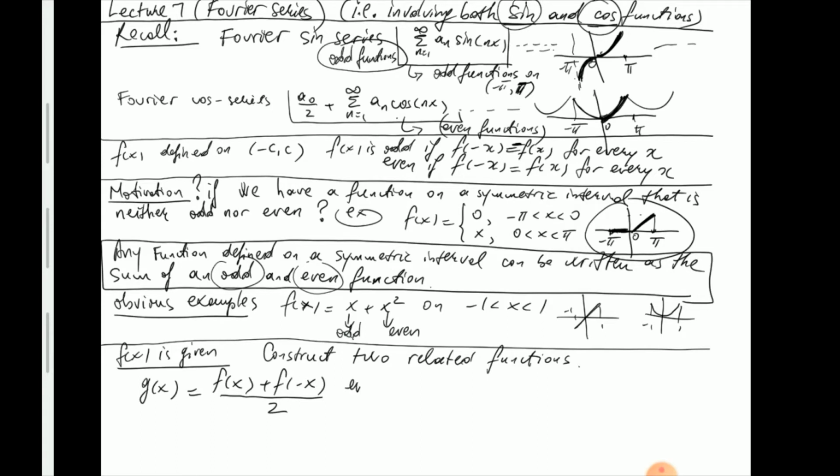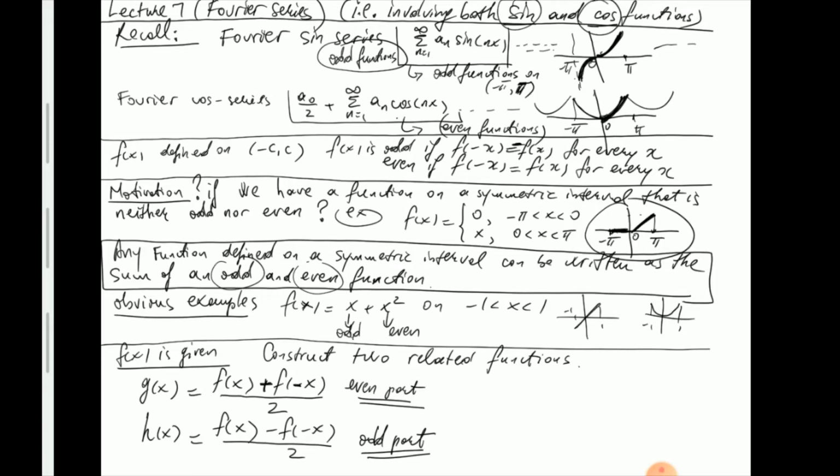This is the even part. The odd part, I'll write it down immediately, and when you add the two, you will get the original function, as you'll see immediately. The second part, the odd part, h of x, is the difference, f of x minus f of minus x over 2. That is the odd part.